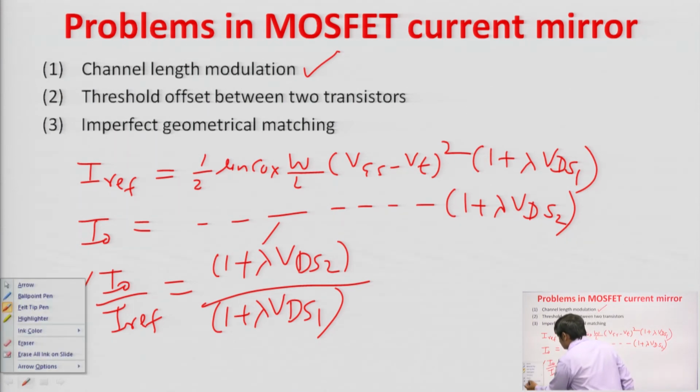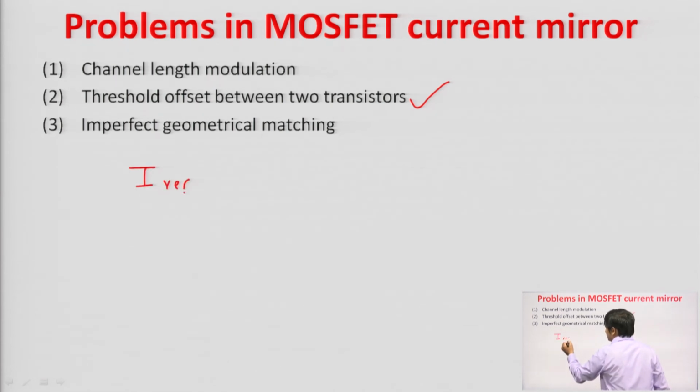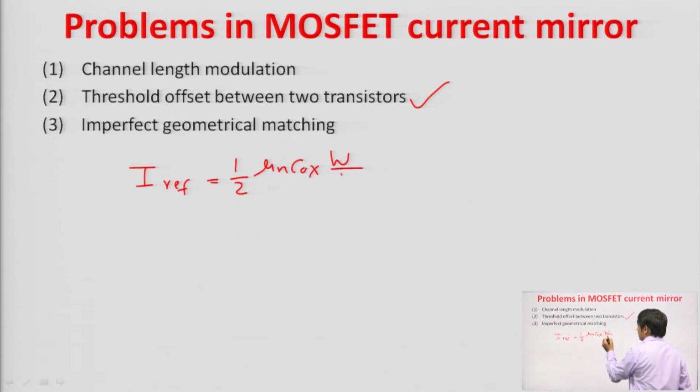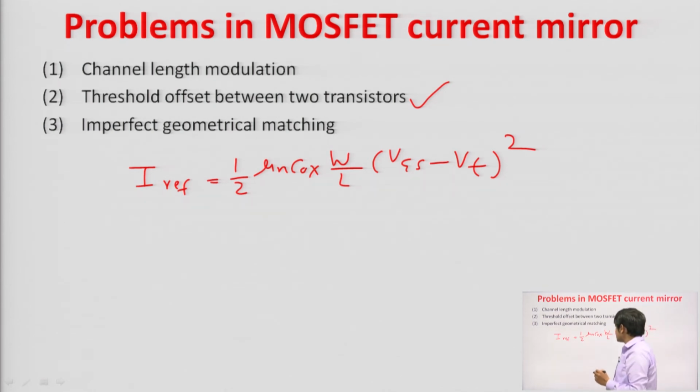Now, the next problem is threshold offset between two transistors. What is this threshold offset? Since we know the drain current equation 1 by 2 mu n Cox W by L (VGS minus VT) whole square, this is the drain current equation of the MOSFET in saturation.